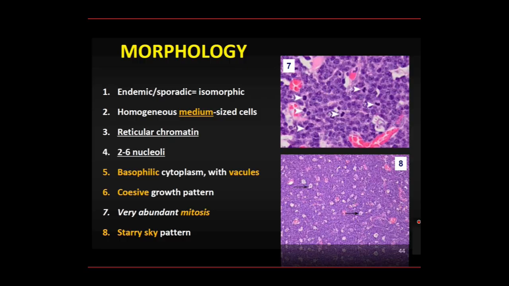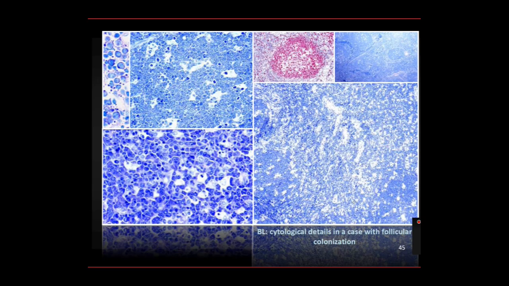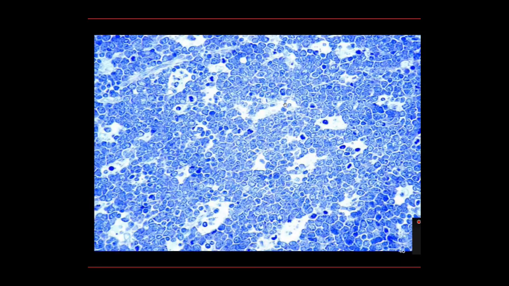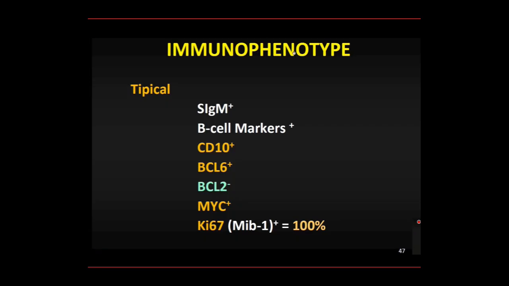So we define it as a starry sky pattern. This is given by macrophages that clean up cells undergoing apoptosis, the tingible bodies, those apoptotic cells, the little dark bodies inside.